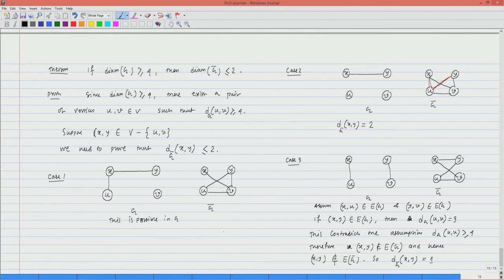So, in this case also we have the distance between x and y is 2 in G complement, because here I can see a path of length 2 between x and y, and here is that path: x v y is a path of length 2.